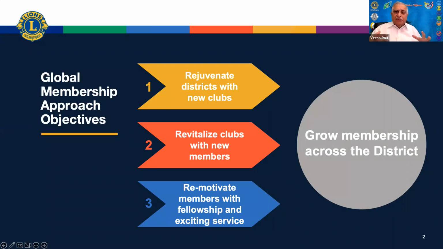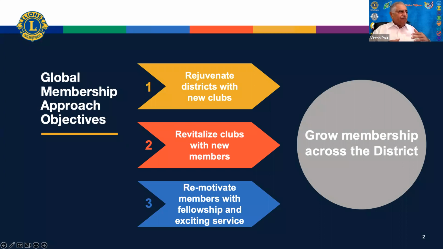So today's presentation is part of the global membership approach objectives. You may have come across it; I've talked about it. It's a 3-part program introduced in our district last year and implemented throughout Europe and other constitutional areas as of this year.